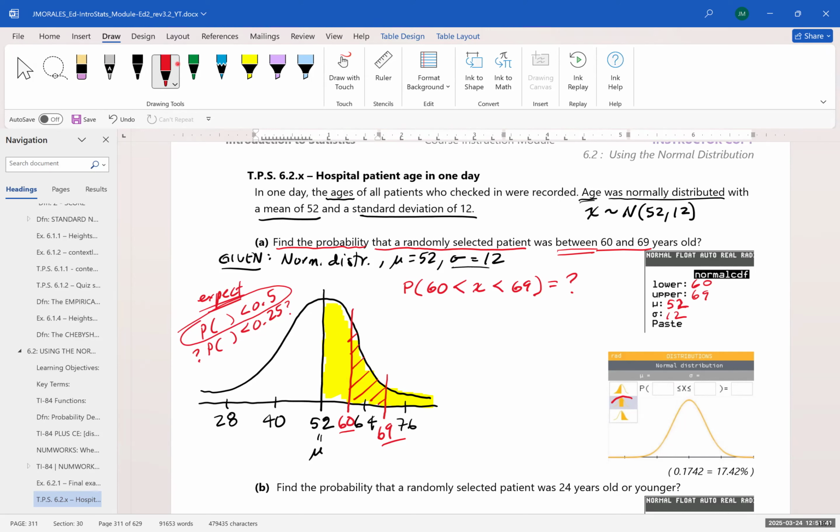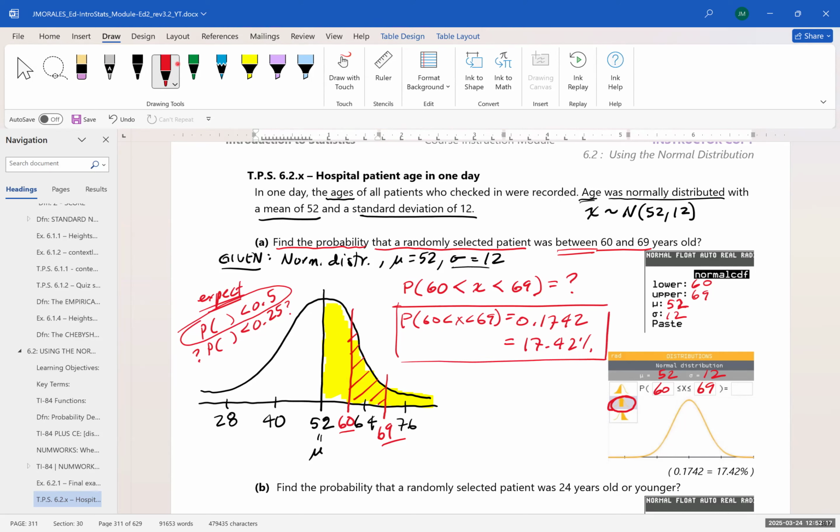NumWorks, we want this option because we want the area in between two values with a mean of 52, standard deviation of 12, between 60 and 69. And when you punch that in, that should be 0.1742 or 17.42%.